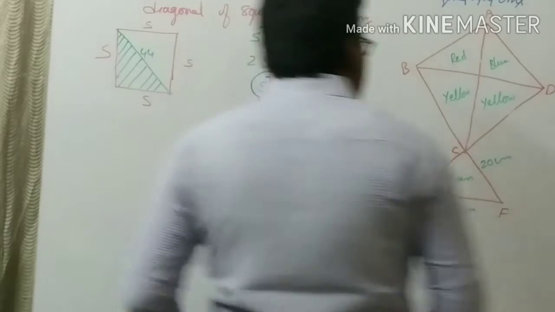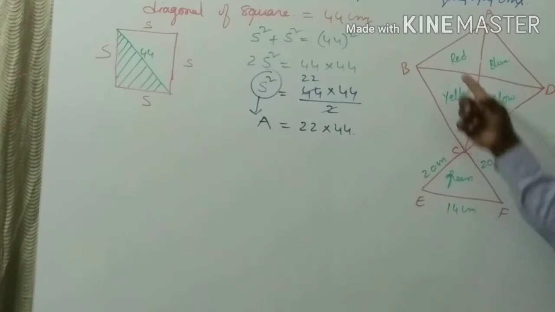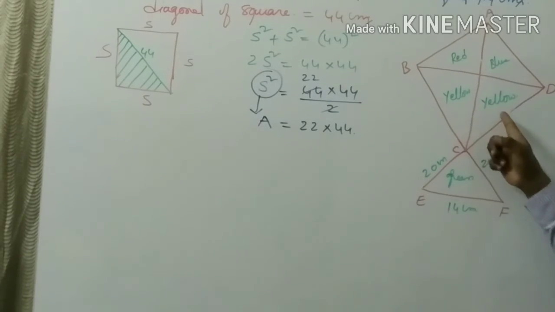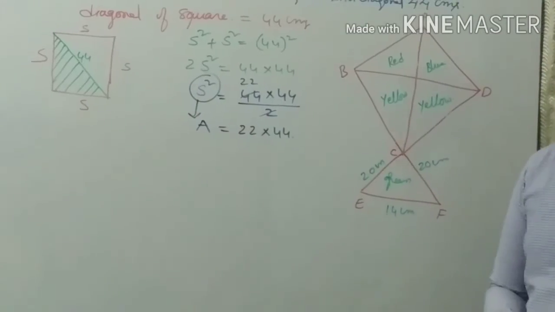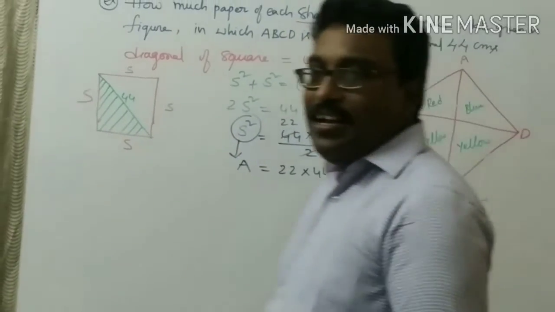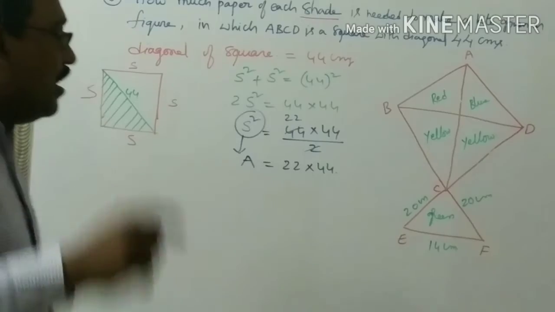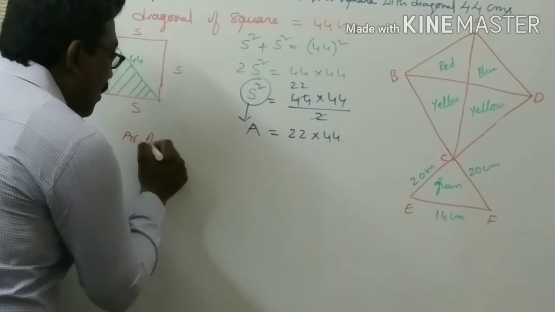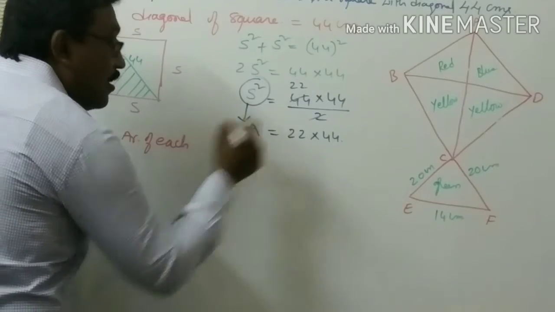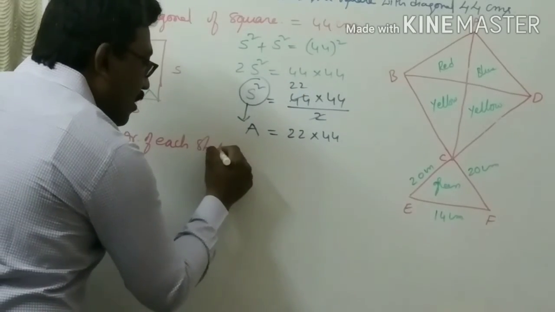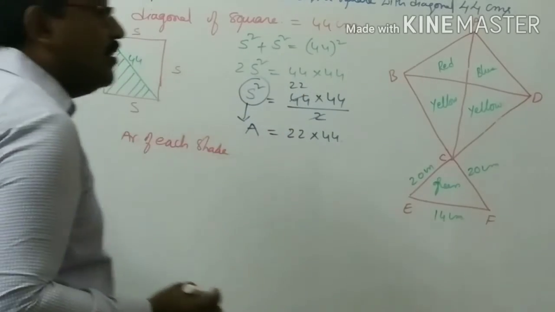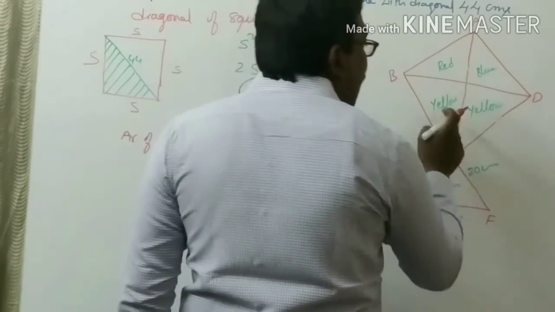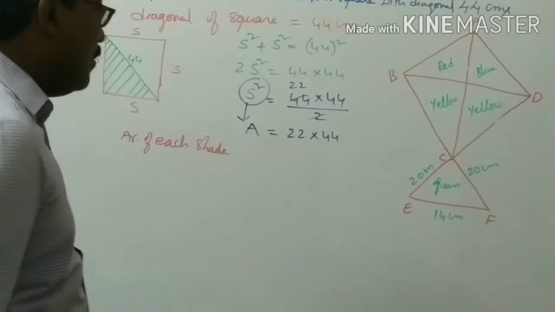Now, the square is divided into 4 parts. Red, blue, yellow and yellow. 4 parts are there. Now, area of each shade is asked. Area of each shade. Okay, that means here red and blue one shade, yellow 2 times it is repeated.